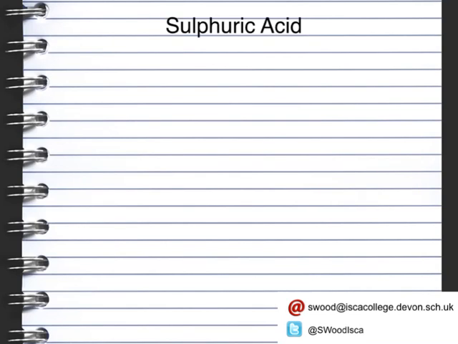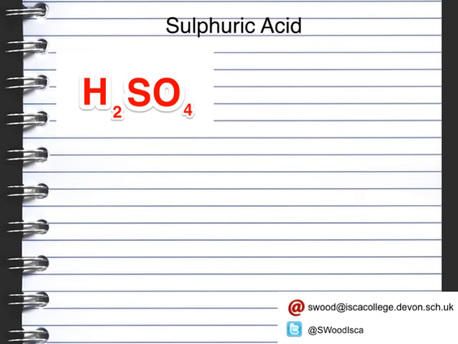So the contact process is used to make sulfuric acid. If we have a quick look at the formula of sulfuric acid, then we can go through the steps to see how it's actually made. Sulfuric acid has 2 atoms of hydrogen, 1 of sulfur and 4 of oxygen.